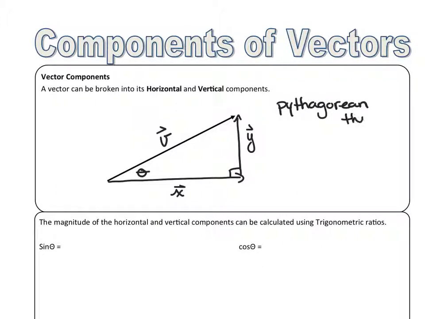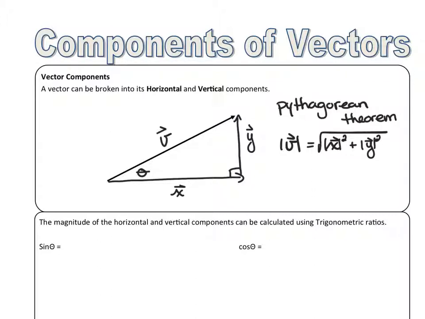I'll just remind you that in this case, the magnitude of v is equal to the square root of the magnitude of x squared plus the magnitude of y squared. So we can use the Pythagorean theorem to find out what those components are.